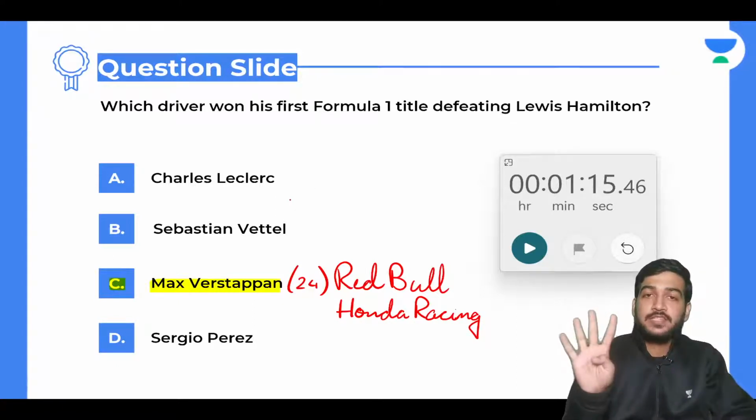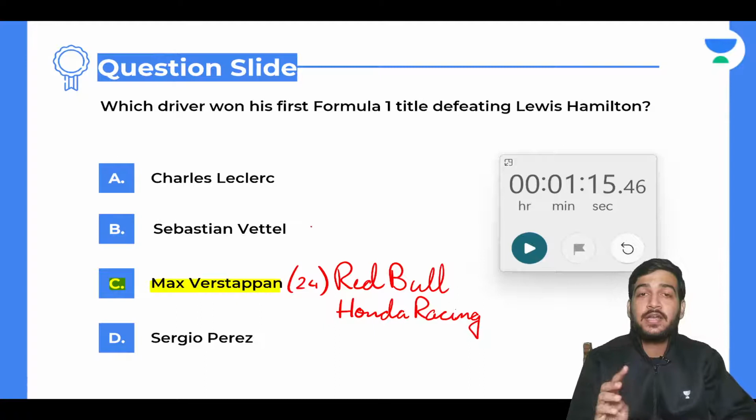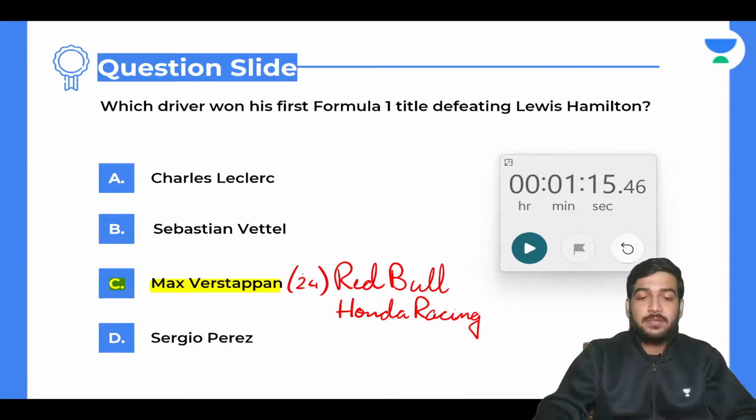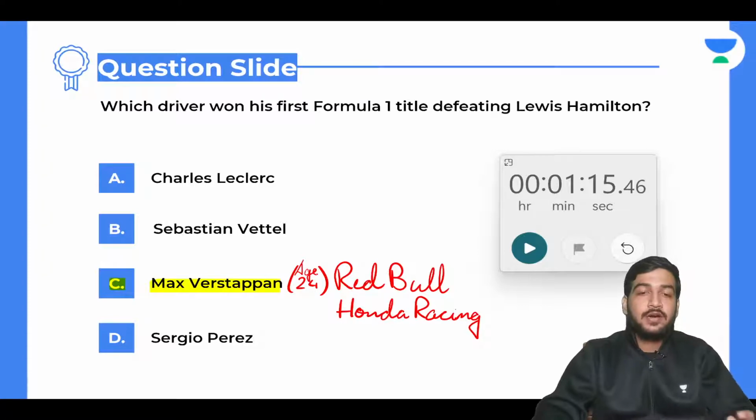Sebastian Vettel already has 4 titles, and his last one was in 2013 at the Indian Grand Prix. Charles Leclerc and Sergio Perez have not won the title yet. So it is Max Verstappen, age 24, of Red Bull Honda Racing.